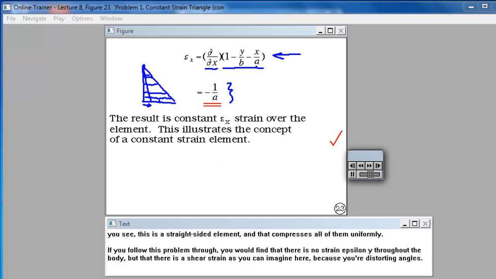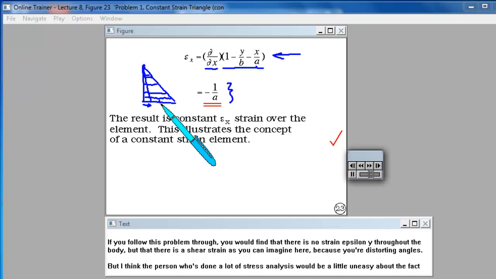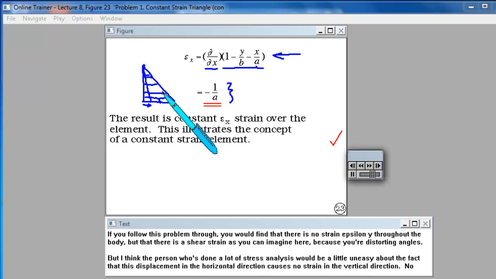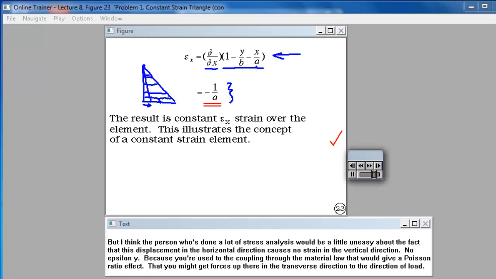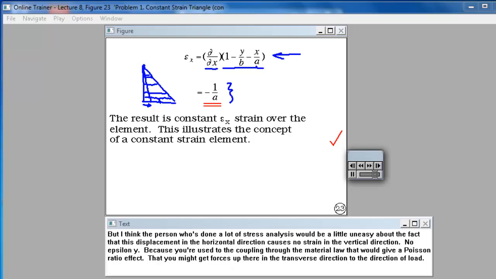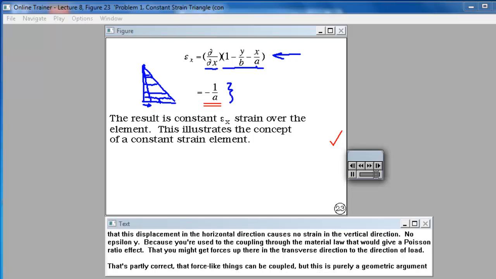If you followed this problem through, you would find that there's no strain, epsilon y, throughout the body, but that there is a shear strain, as you can imagine here, because you're distorting angles. But I think the person who's done a lot of stress analysis would be a little uneasy about the fact that this displacement in the horizontal direction causes no strain in the vertical direction, no epsilon y, because you're used to the coupling through the material law that would give a Poisson ratio effect, that you might get forces up there in the transverse direction to the direction of load.